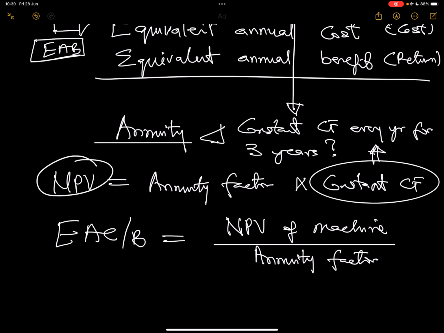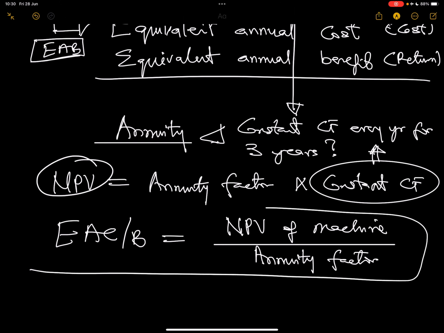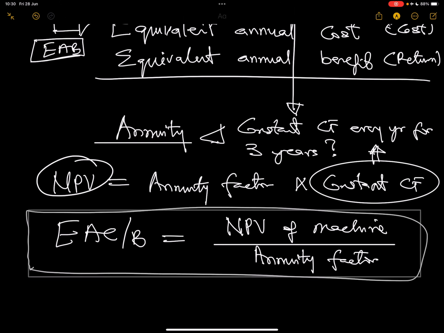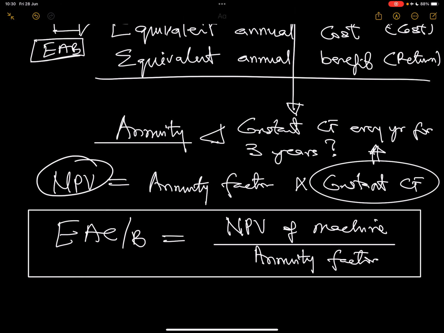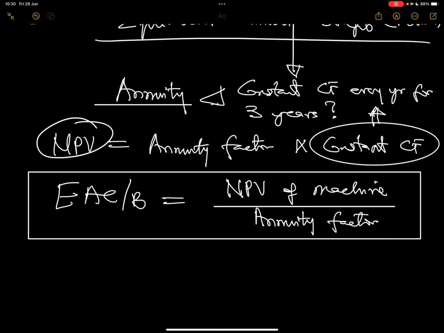Because sometimes I don't want you to always cram the formula. You need to understand how the formula is being derived, so that even when you are applying it, it's very easy for you. Because I could have just given you this formula for asset replacement, but I had to give you that introduction, so that you can relate with it.